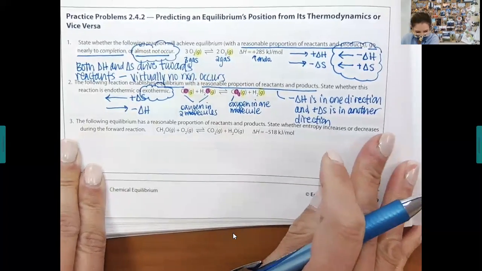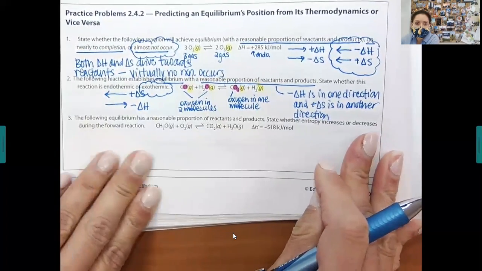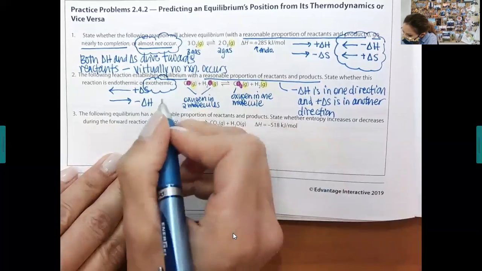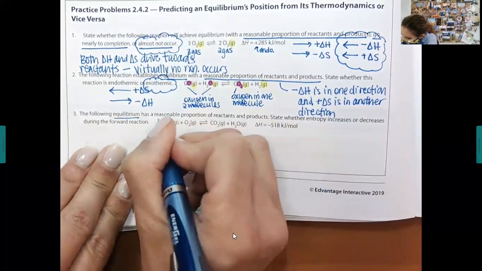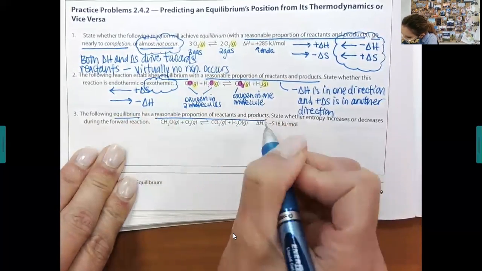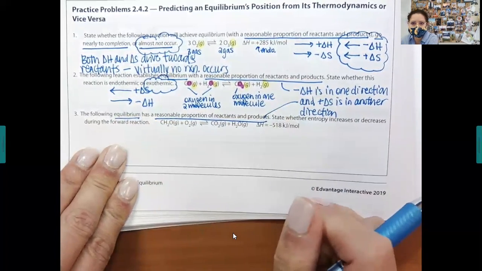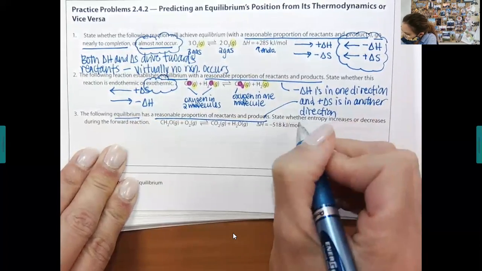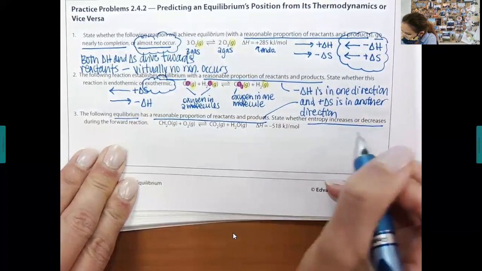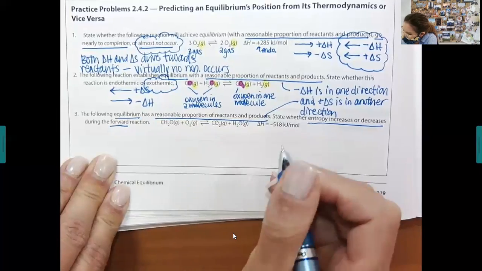That tells me that as you're going to the right, this is going to be an exothermic process. Okay. And then number 3. The following equilibrium also has a reasonable amount of reactants and products. That means that negative delta H is in one direction and the positive delta S is in another direction. State whether entropy increases or decreases in the forward reaction.